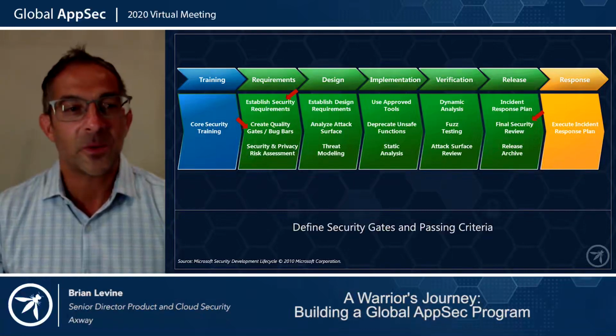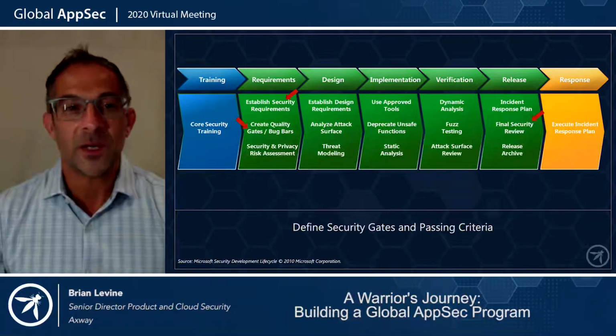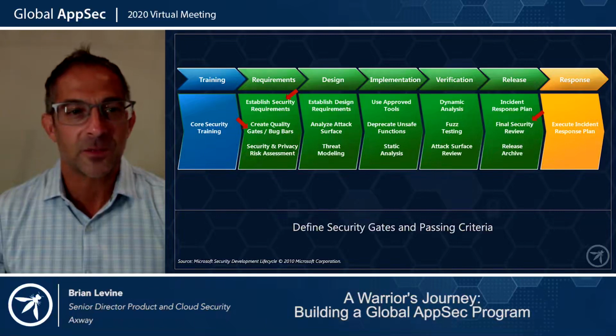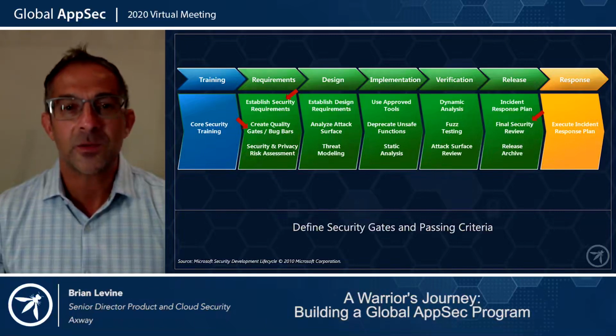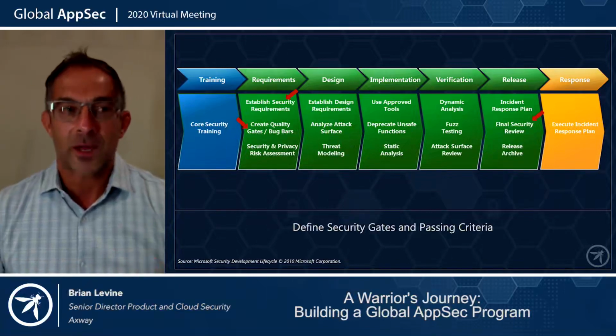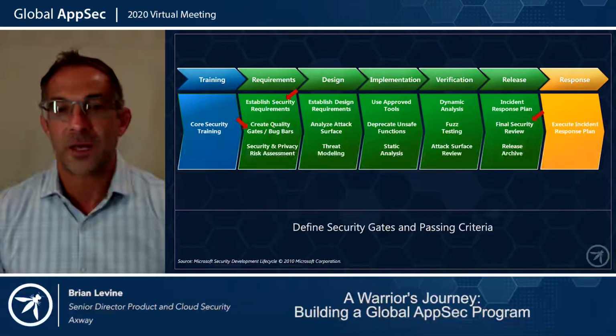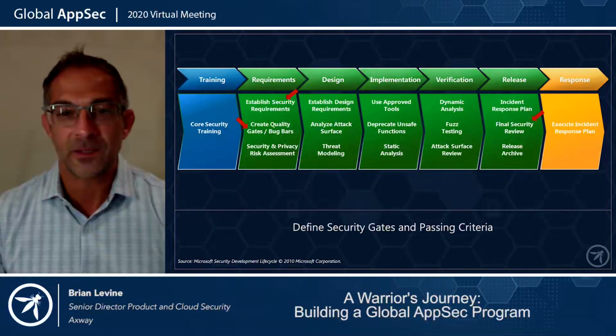So in a typical SDL, we would define our requirements in the requirements phase, the development team executes the procedures, and then when we get to the release phase, we have a final security review, or FSR, where we verify that the team has hit the requirements that were agreed to at the start of the project.